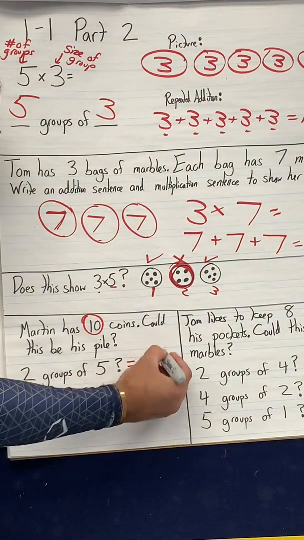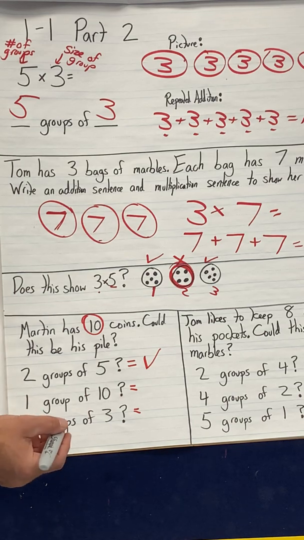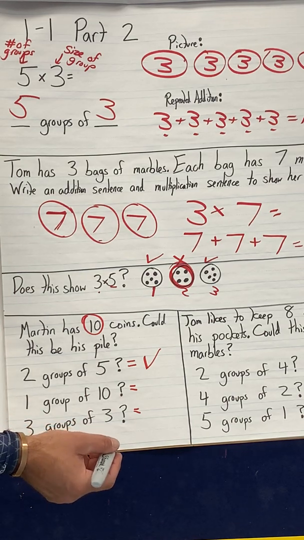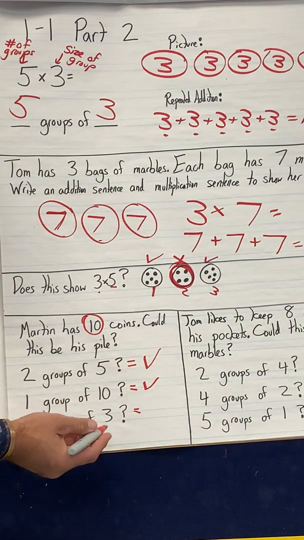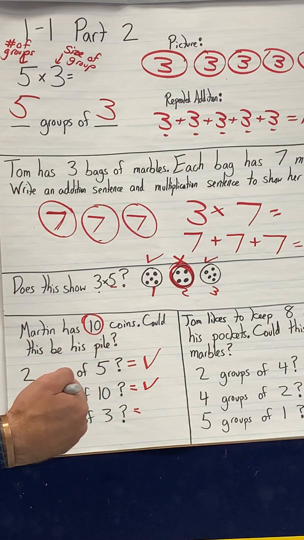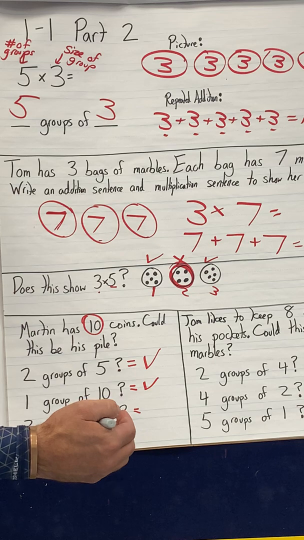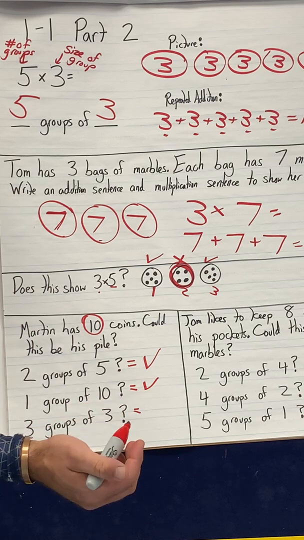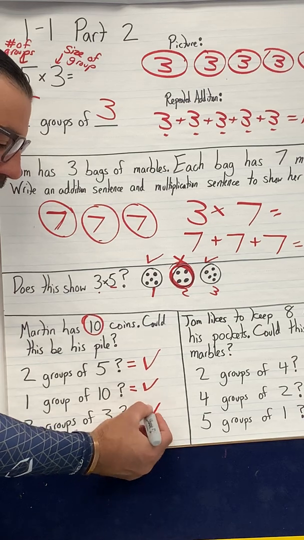So yeah, that could be it. Could it be 1 group of 10? Sure. Could it be 3 groups of 3? 3 plus 3 is 6, plus 3 is 9. That's close, but that could never be it, because 9 is definitely not the same as 10.